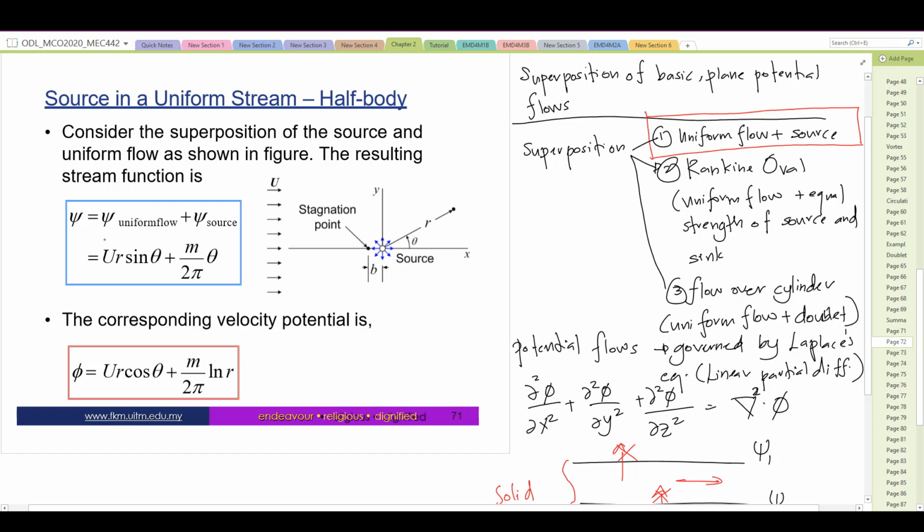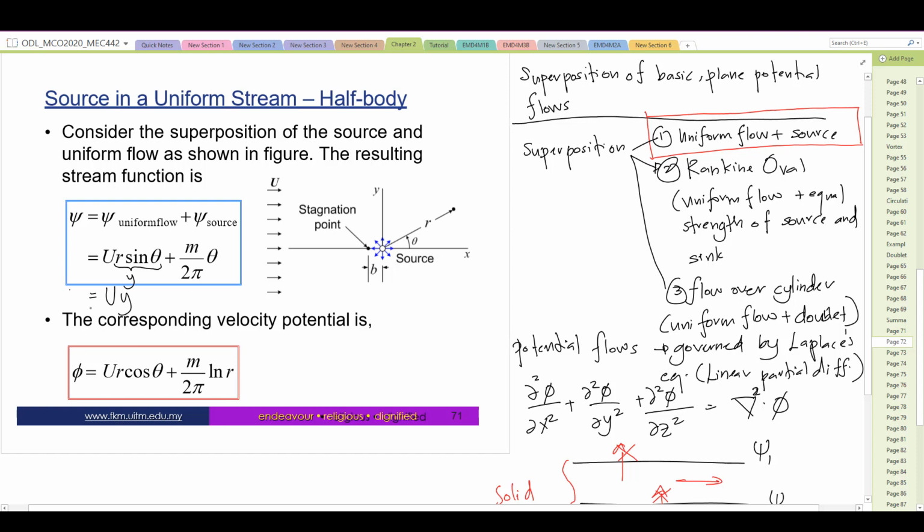Psi for uniform flow is basically Uy, where y equals r sine theta in cylindrical polar coordinates, plus m over 2 pi theta, which is psi for the source.